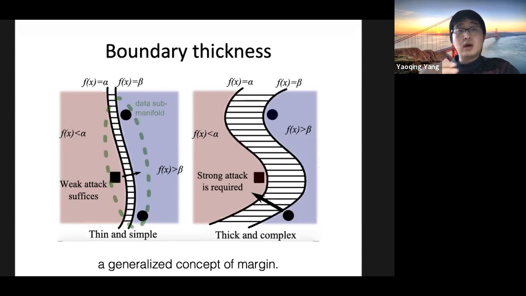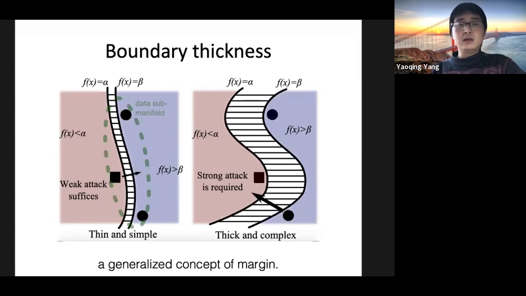What I'm trying to show here is that if you make the decision boundary thicker, you can make it deviate from this tendency to create a simple function. And I guess that is the connection here.